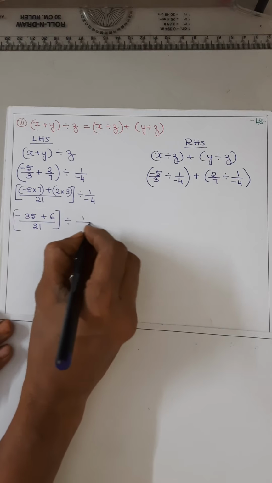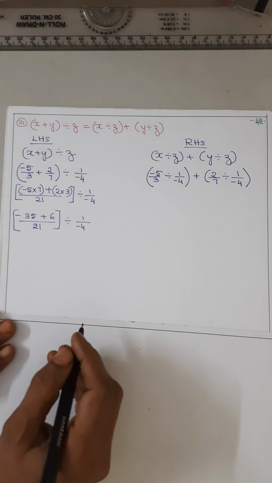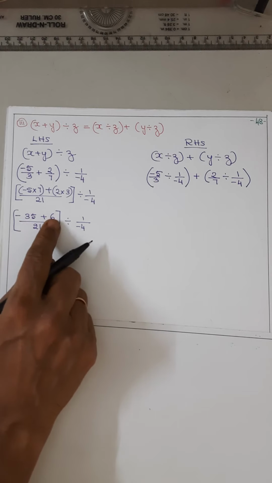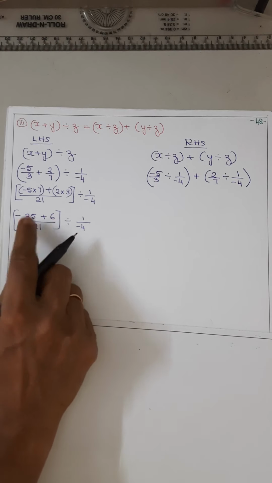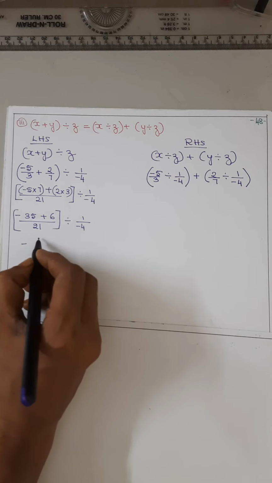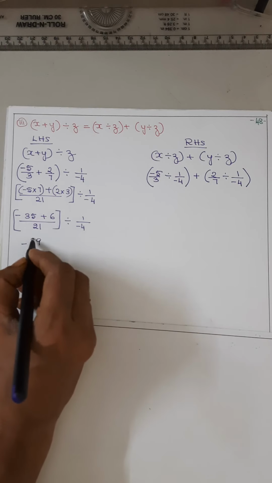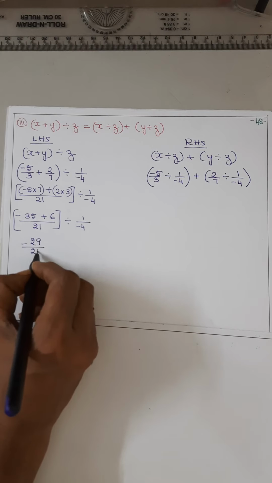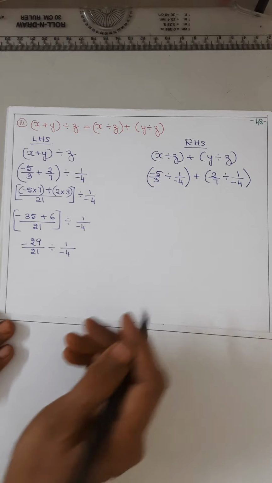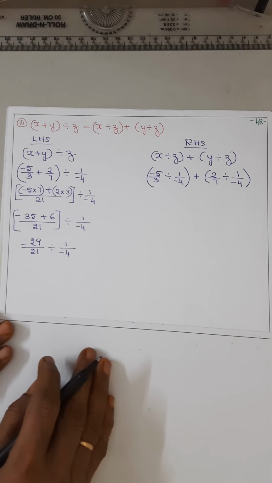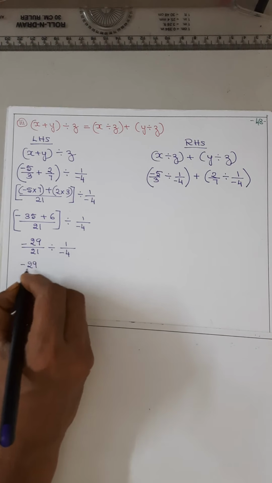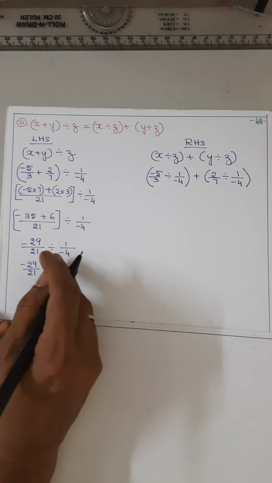Divide by 1 by minus 4. Now this is minus, this is plus. Means 35 is bigger, so put minus sign. 35 minus 6 is 29. Here 29 upon 21. Divide by 1 upon minus 4. Isn't it? Now minus 29 upon 21.